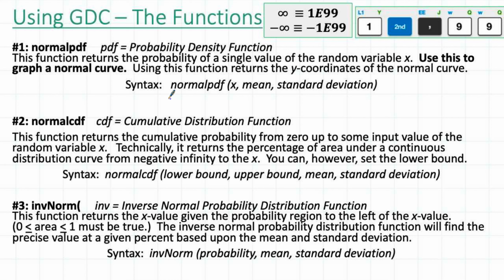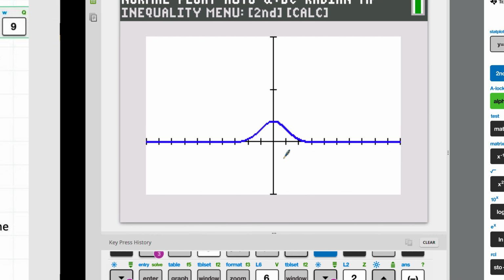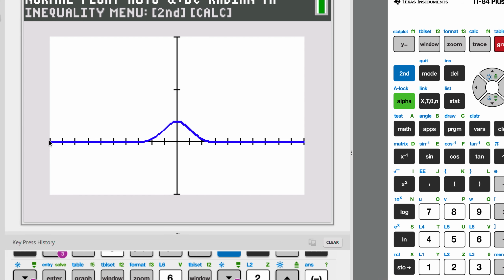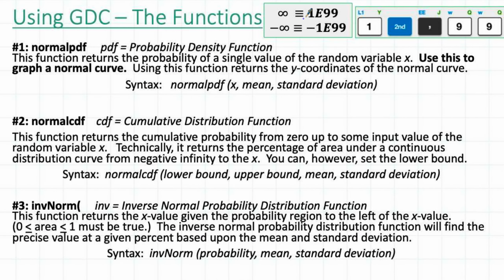We will use normal CDF. This is the cumulative distribution function. So if I'm looking at the probability of x being less than or bigger than, this is what I use. What it takes in is it asks you for the lower bound, what's the lowest value, upper bound, the mean, and standard deviation. If your lower bound is a negative infinity or a positive infinity, we tend to write them as very big numbers.